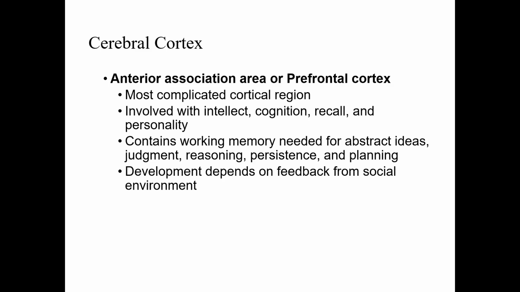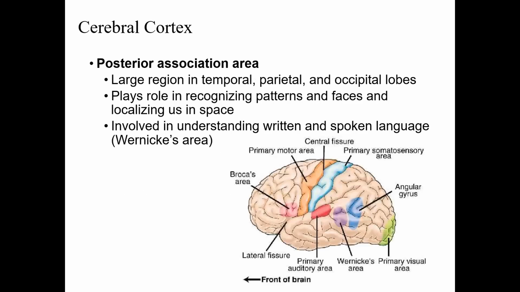Now let's talk about the posterior association area. This is where we have all of the sensory processing, all the sensory input and all the association areas that can process it. This allows us to understand words, images, sounds.